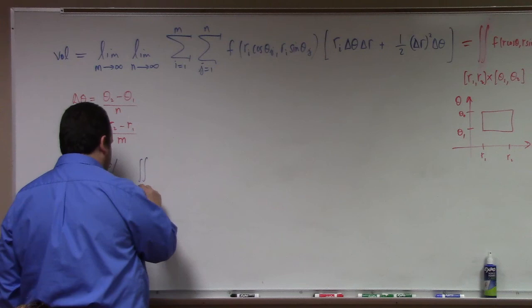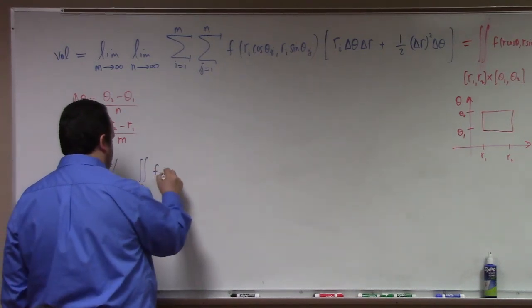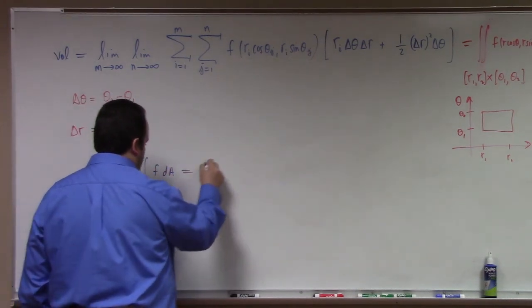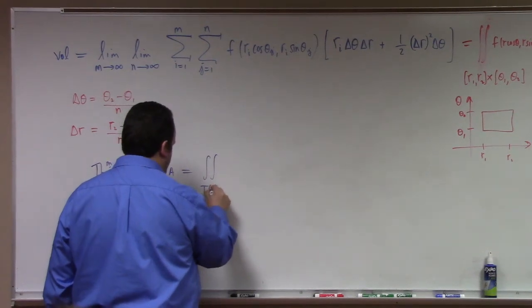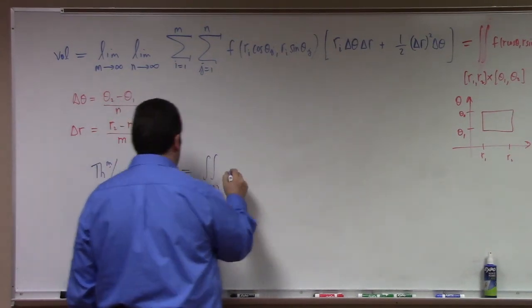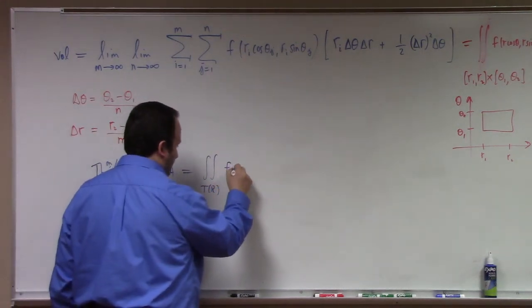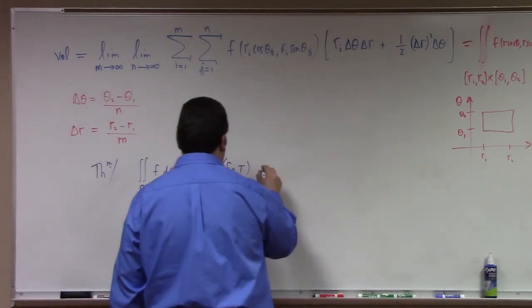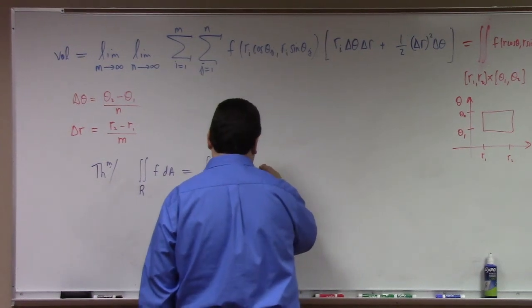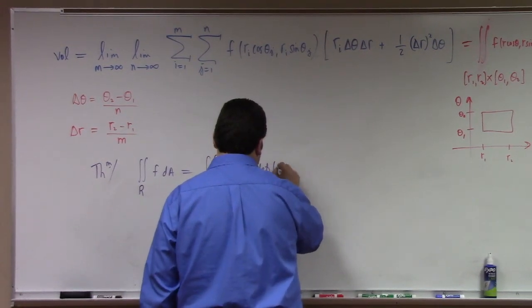So let's say the double integral over R of f dA is equal to the double integral over T of R of, well, really f composed with T. And then we actually have the determinant of T prime.